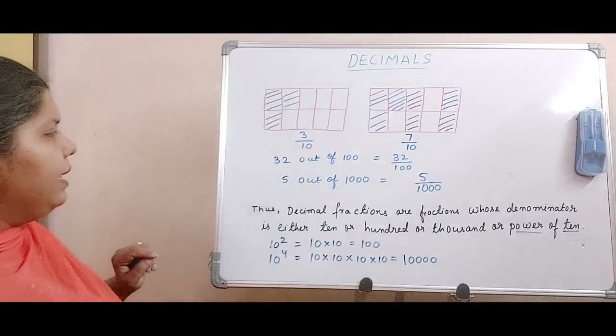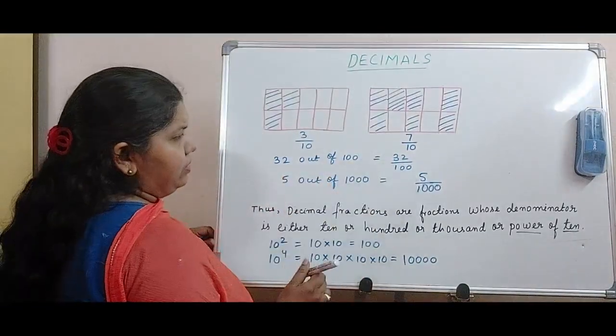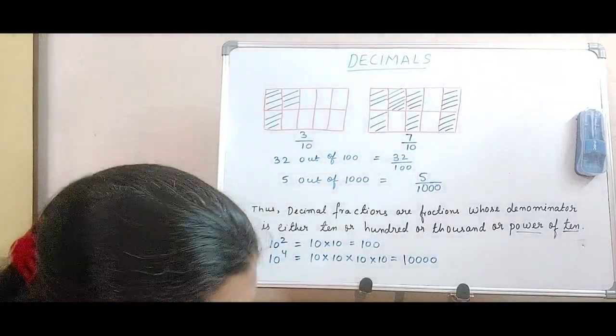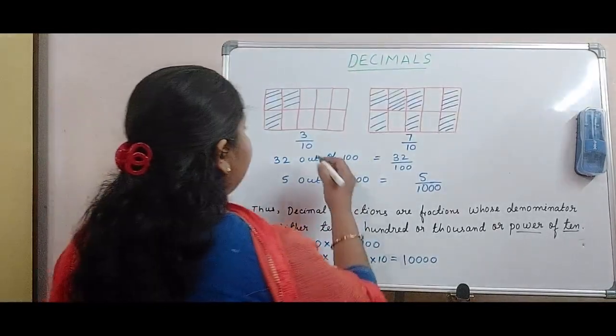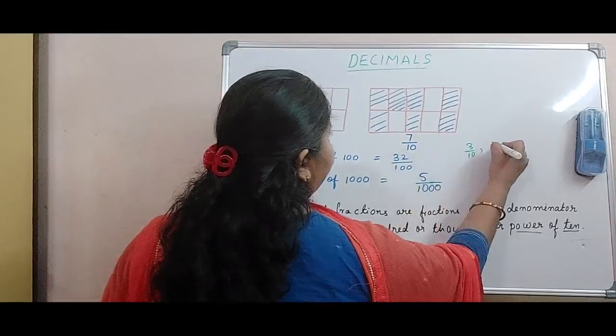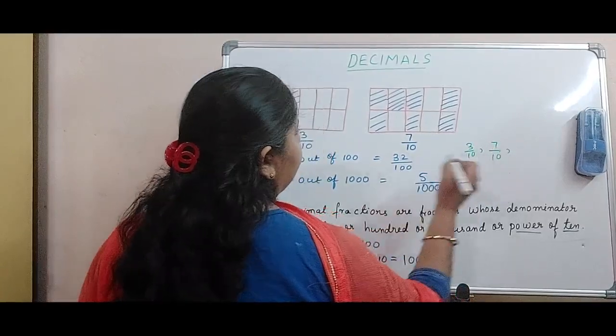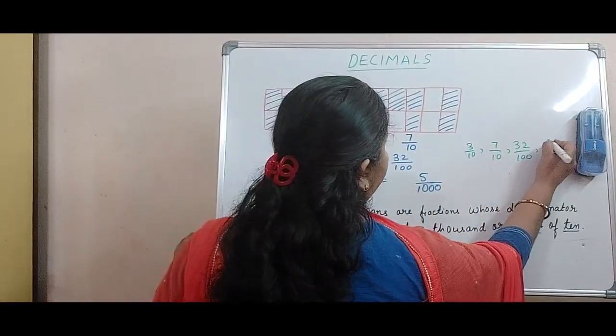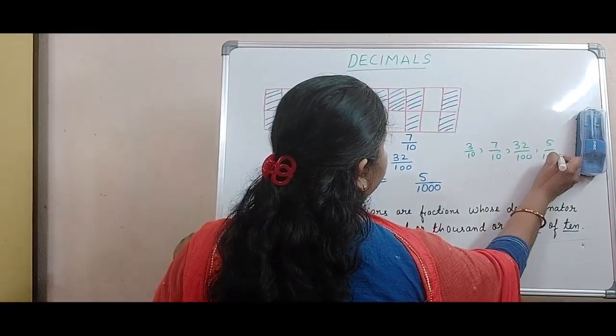You see, in all of these fractions that we have got here, what are the fractions? Once again I am showing you. It is 3 by 10. Here it is 7 by 10. 32 by 100. 5 by 1000.